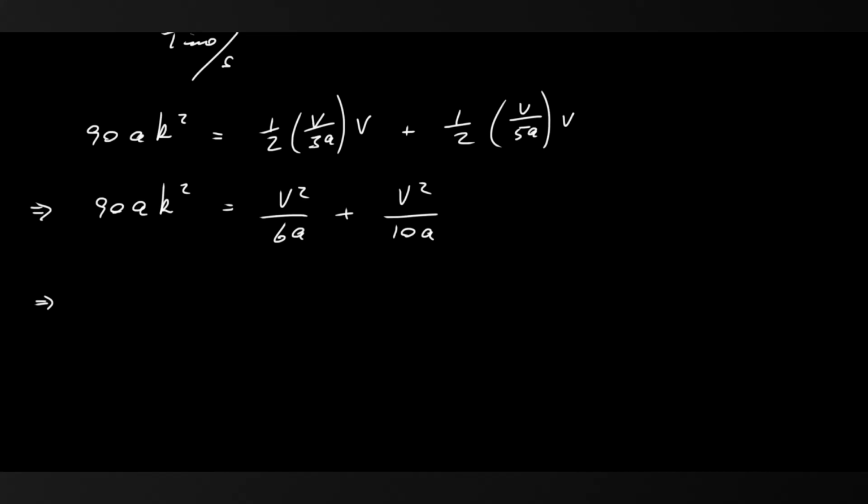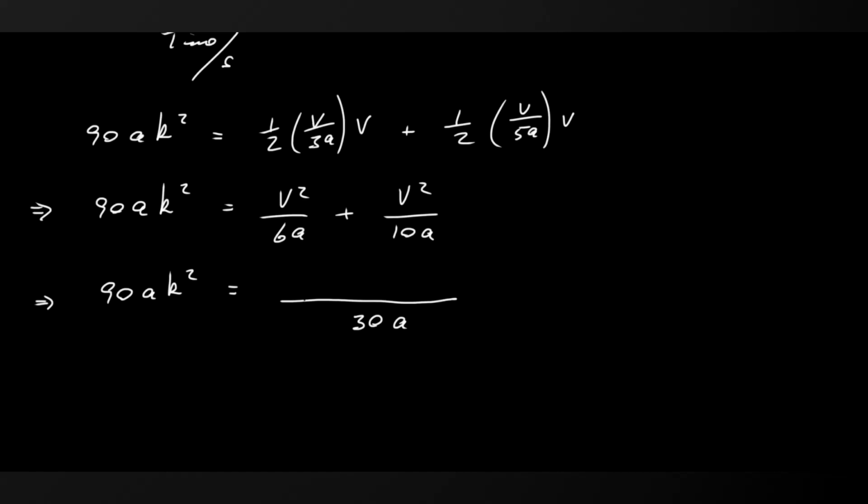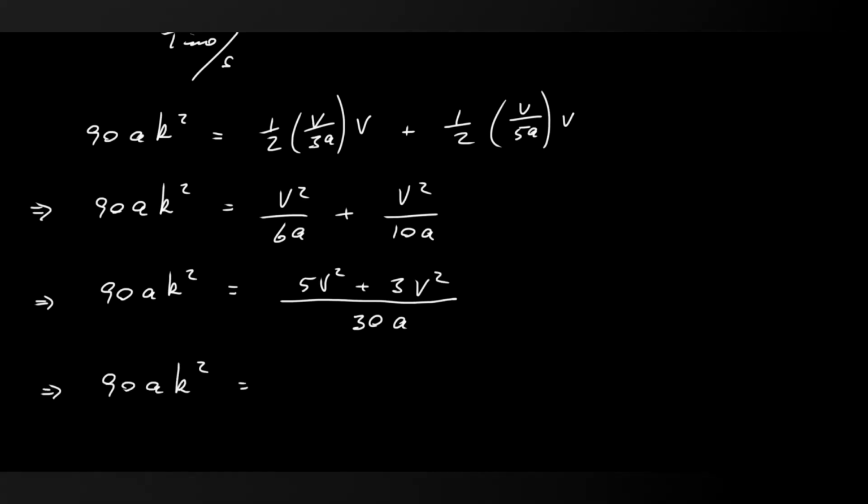So let's see, we can add those two fractions on the right. 90ak² is equal to, let's use 30a. So 6 into 30 is 5, so 5v² up here. 10 into 30 is 3, so it's 3v² here. That'll give us 90ak² is equal to 8v² over 30a.